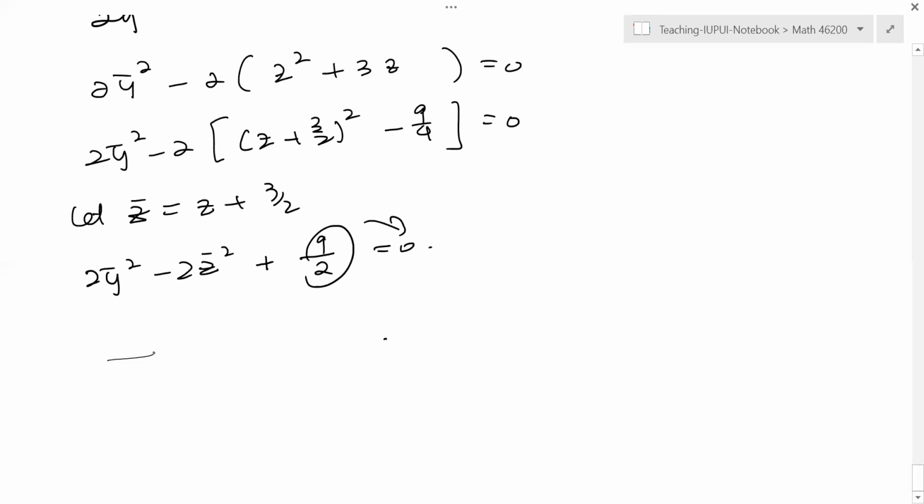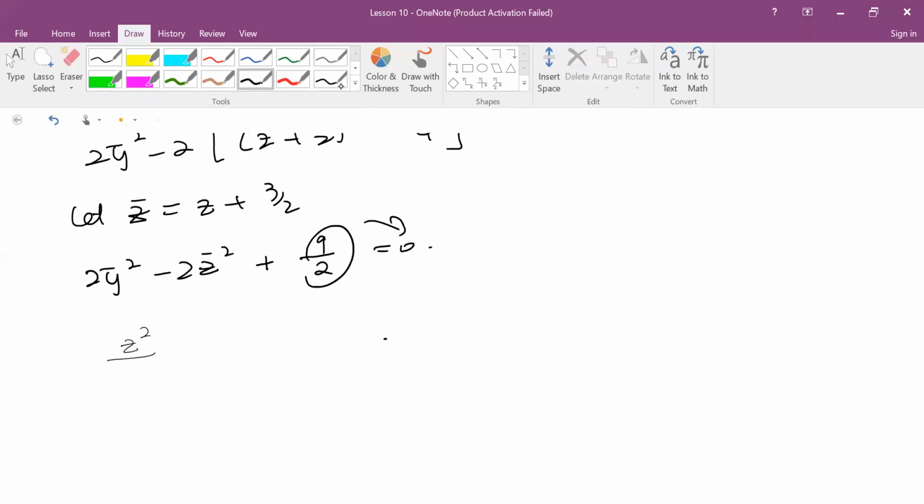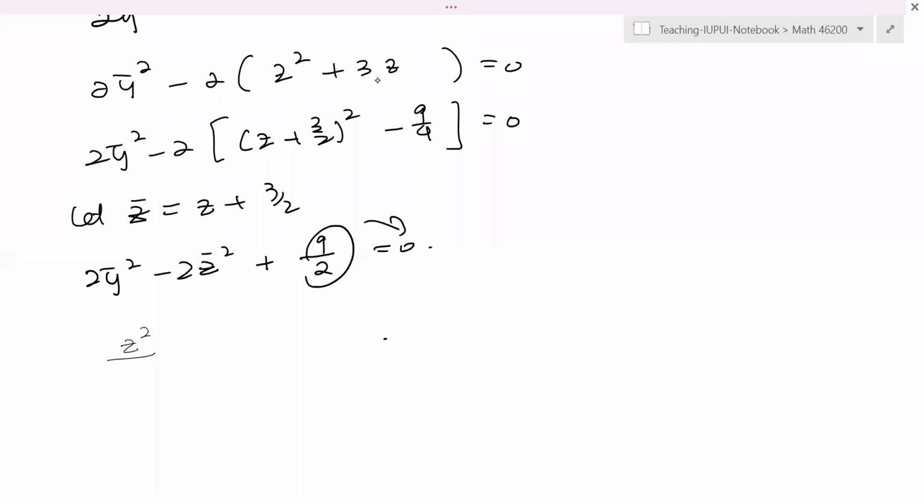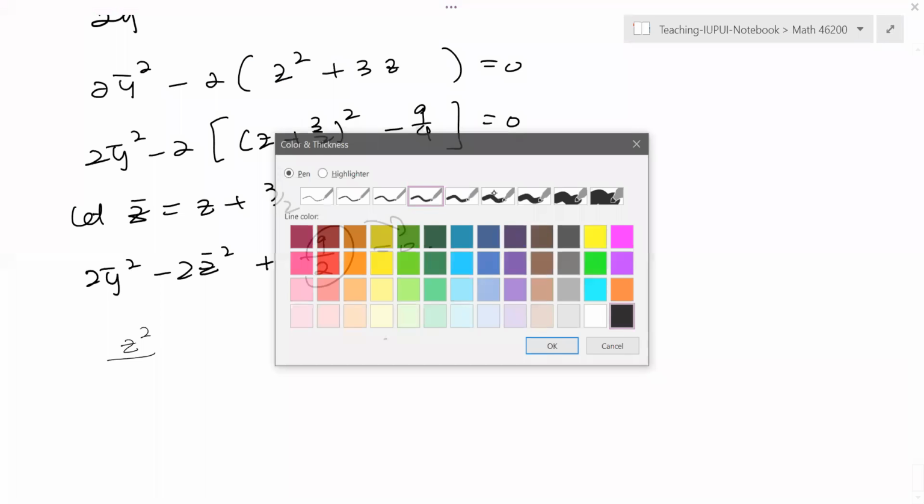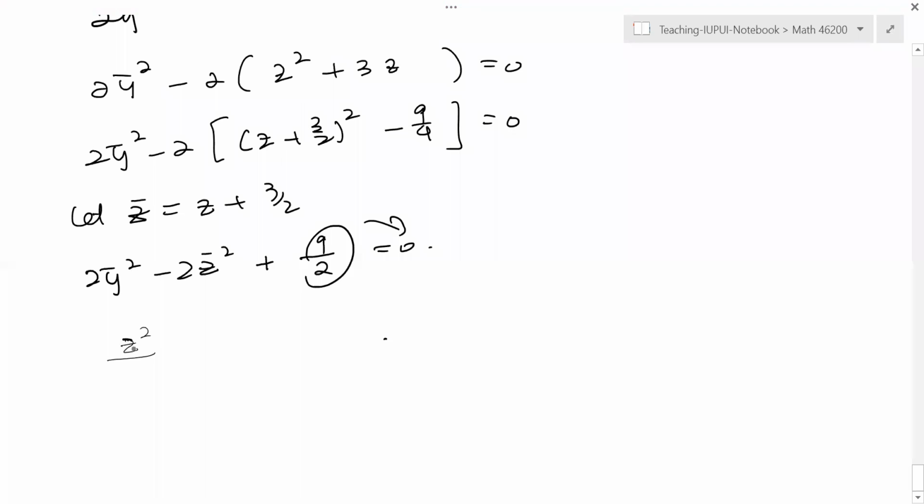Okay, I think I got z squared over 3 over 2 squared, minus y bar squared over 3 over 2 squared equals 0.